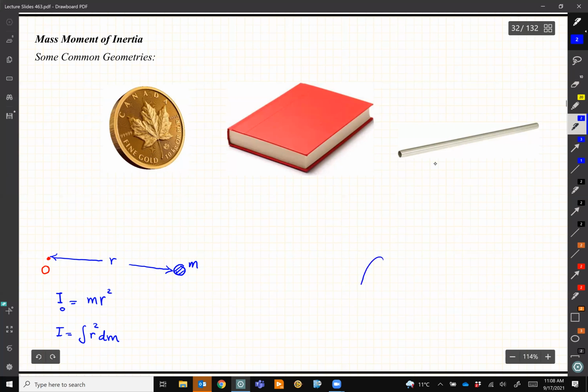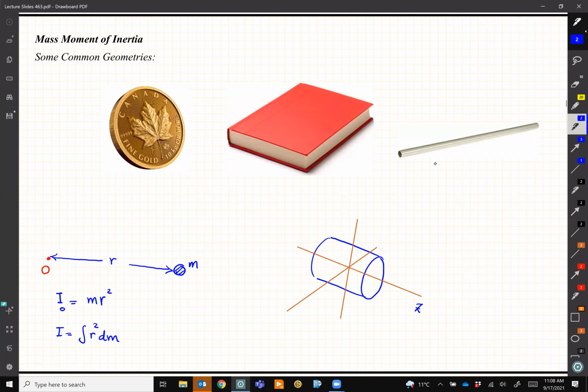For a cylinder, if we look up the tables, we can find the mass moment of inertia about the three axes. It doesn't matter what we name them, but let's call this one Z, like the normal one.